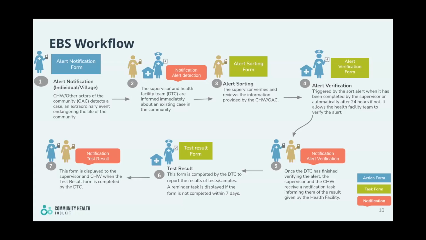After he does that, an alert verification form task will trigger automatically at the DTC, I mean at the health facility, in order for him to investigate and to see if something is wrong, or to double check.